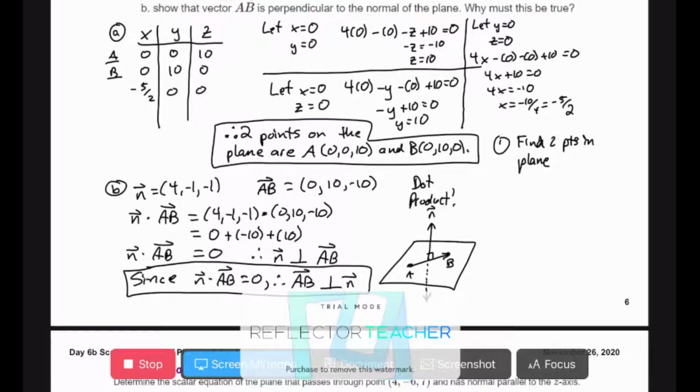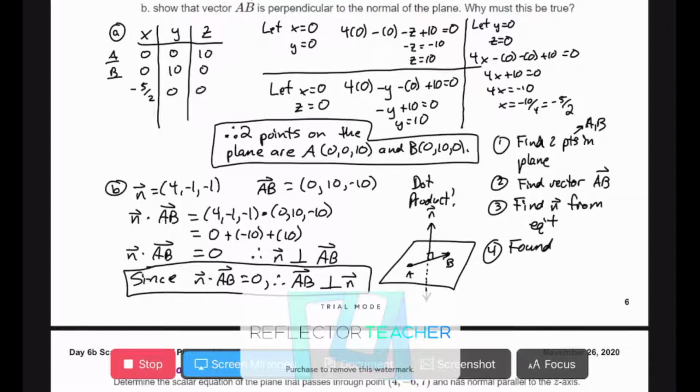Next, we found the vector from the 2 points, A and B. Then we found n from our equation. And then we found the dot product to confirm that they were perpendicular. All right, cool. Couple more examples to go. Let's keep going.